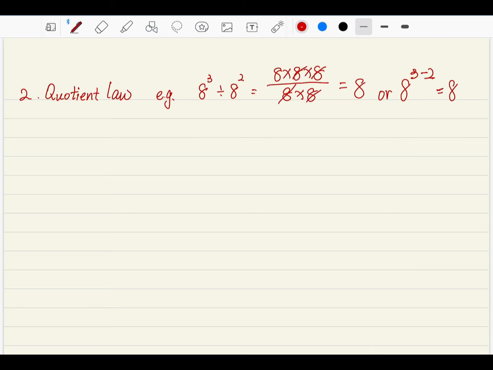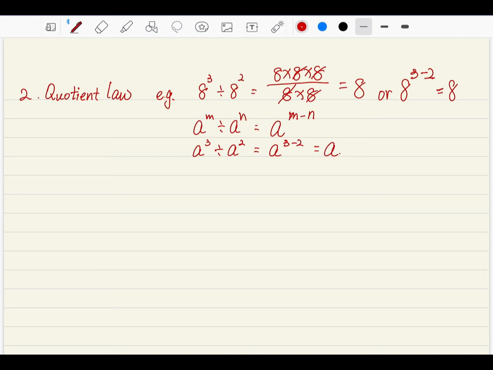So the quotient law is: a to the mth power divided by a to the nth power equals a to the m minus n. Another example: a to the third power divided by a to the second power equals a to the 3 minus 2, which equals a itself.